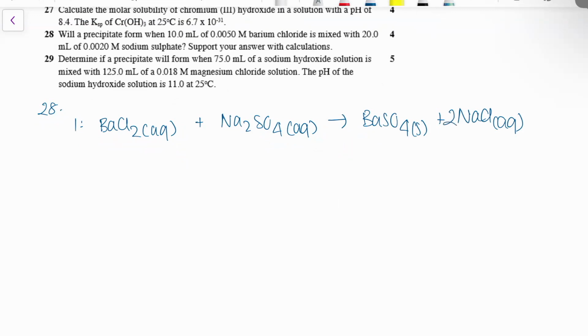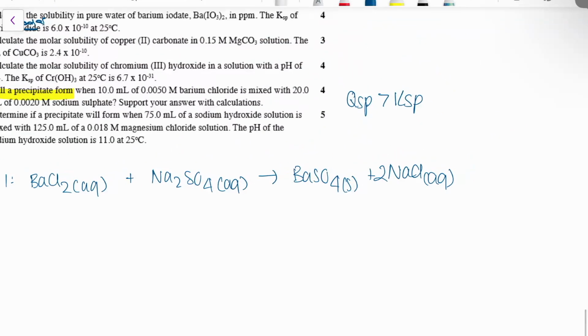Okay. Whether a precipitate will form depends on you satisfying the inequality. We talked about this with one of the earlier questions as well. In one of the earlier multiple choice questions in this sheet, we want QSP to be greater than KSP. And then that only works for the precipitate. So if you know that the precipitate is BaSO4, then you look for the KSP of BaSO4.